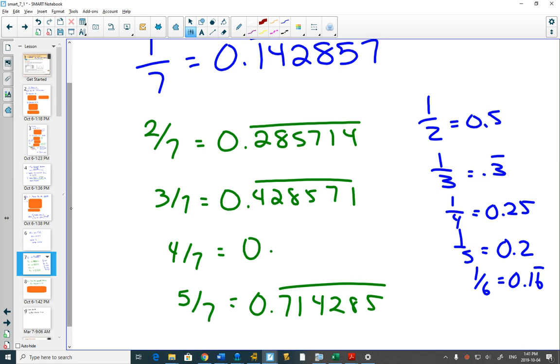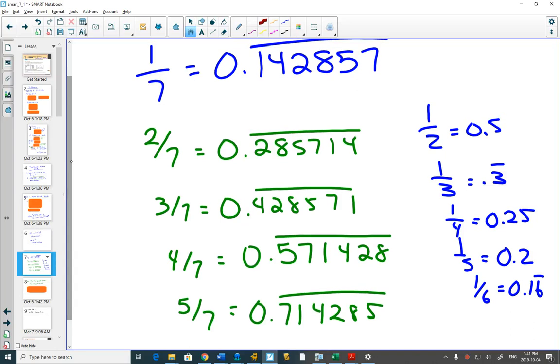Like it. The first one's 5. Yes, but not 6. 5/7, and then? Good.